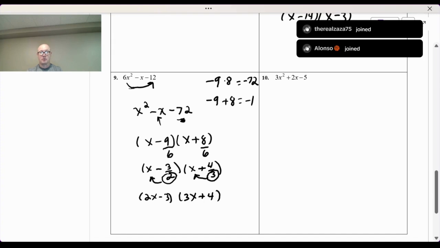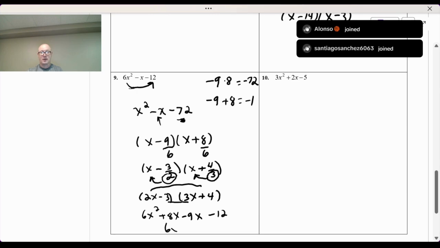Let's just double check this one to make sure it worked out. So first terms, we'd get 6x squared. Outer terms, we would get 8x. Inner terms, we would get negative 3 times 3x, which is negative 9x. And the last terms, we would get negative 12.